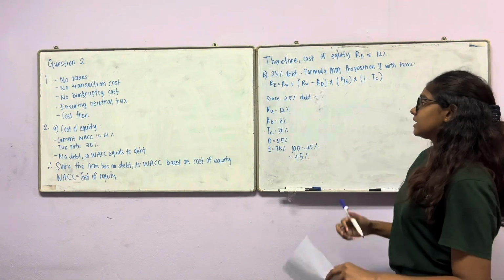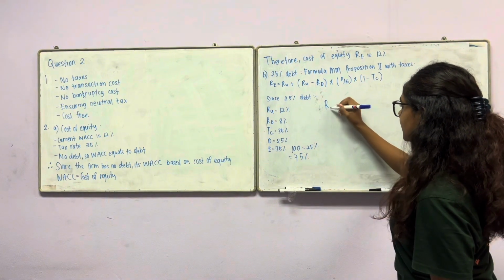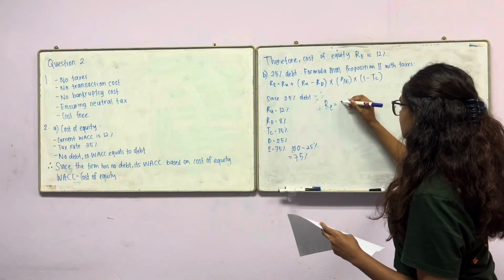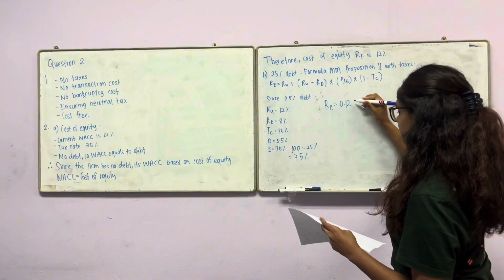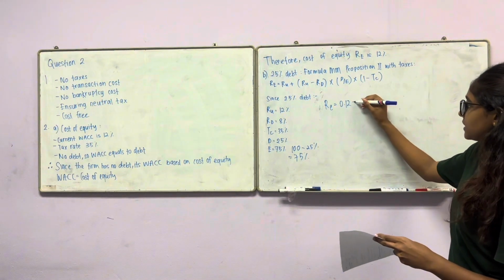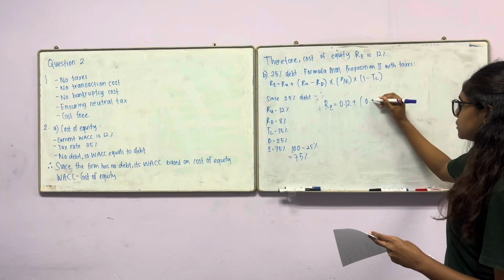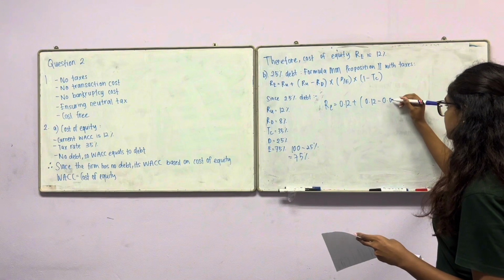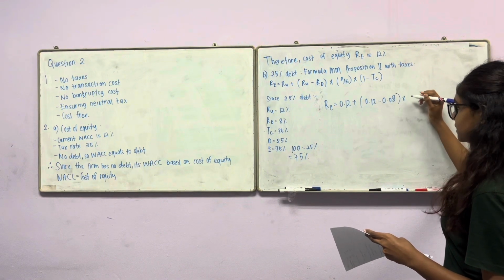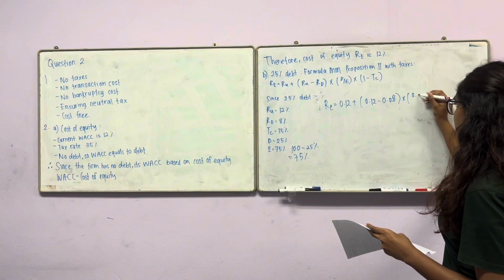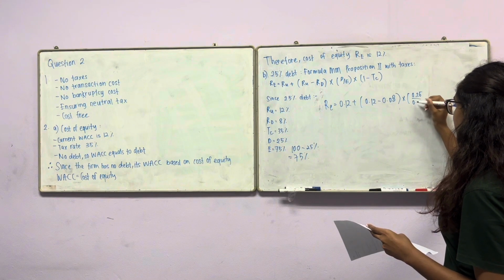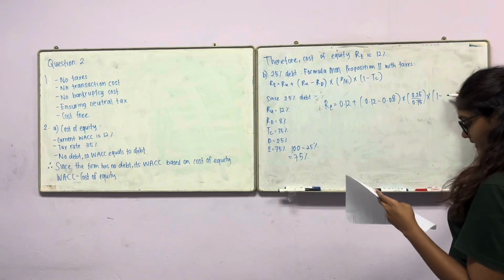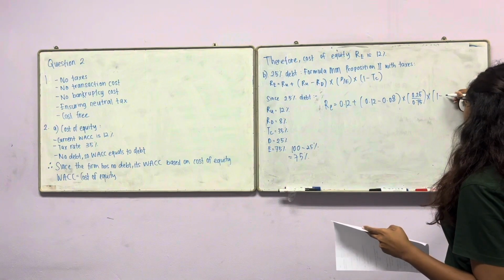Now, to calculate RE, we just plug it into the formula. RU is 12%, converted to decimal 0.12, plus 0.12 minus RD, which is 0.08, times 25% divided by 75% times 1 minus the tax rate, which is 35%.